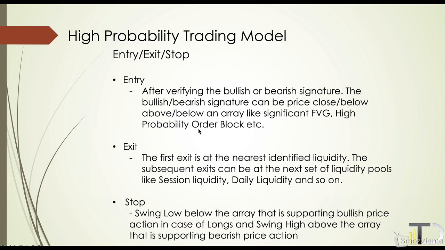Because you also have to look at your risk reward and so on, right? So for something like that, where you are encountering these big FVGs or really wide FVGs, right, or order blocks, you always can use your midpoint as your stop, right? So that's just a thumb rule I apply in those sort of scenarios.